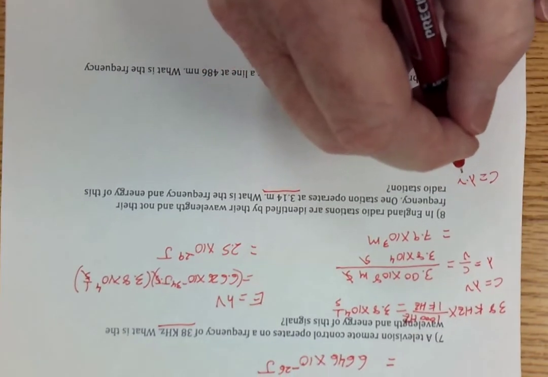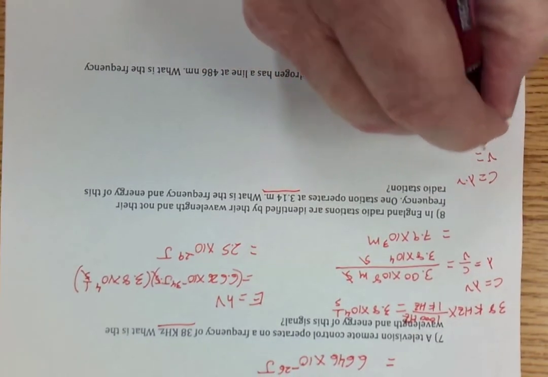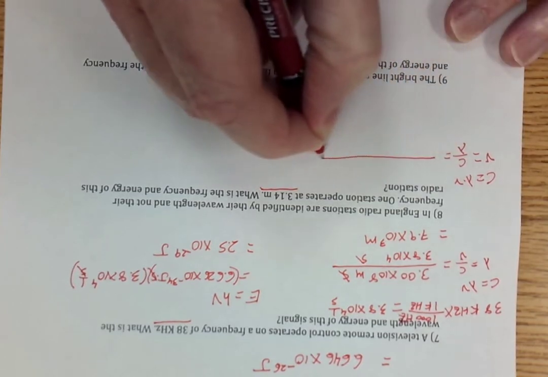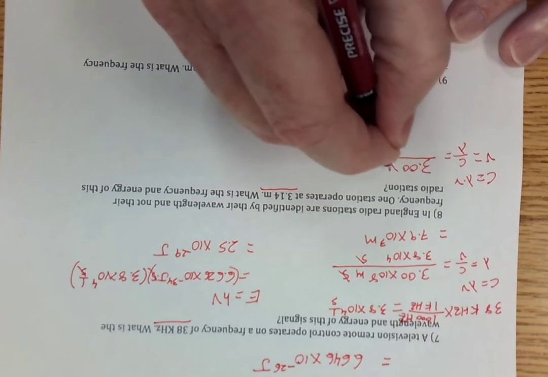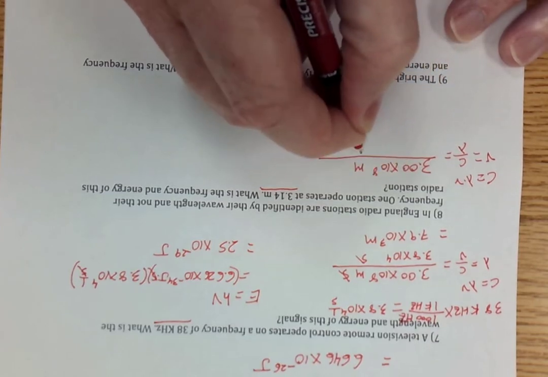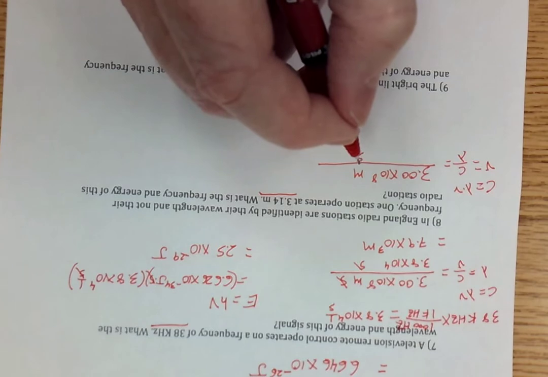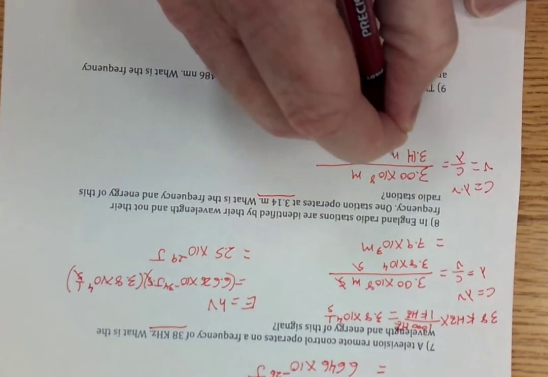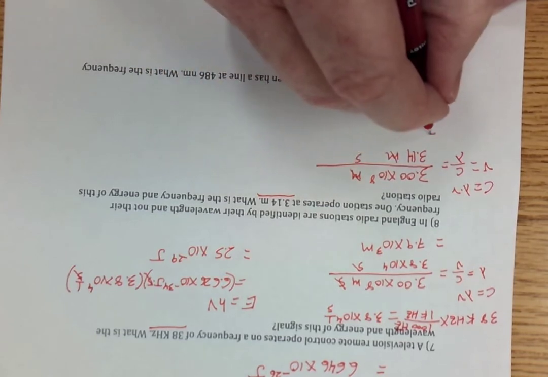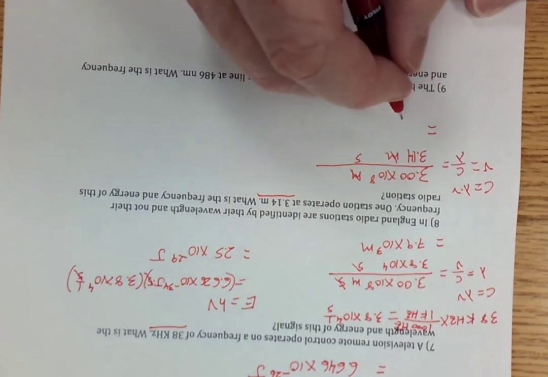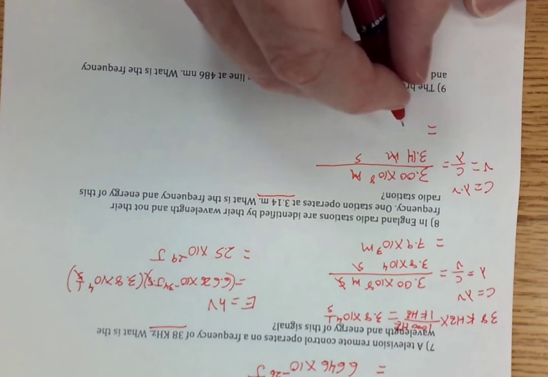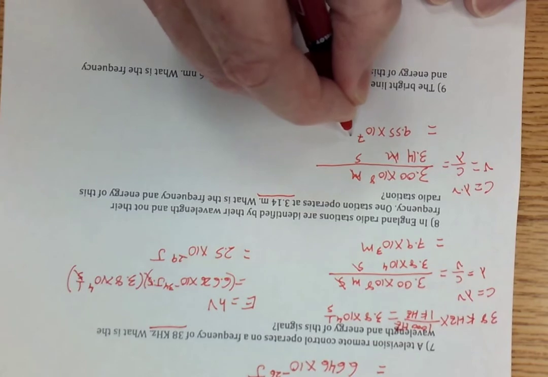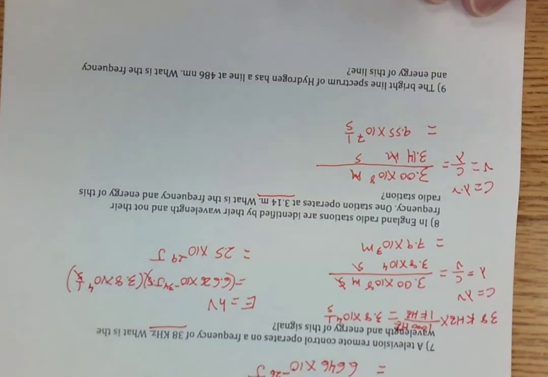This time we happen to know lambda, so nu equals c over lambda, 3.00 times 10 to the 8th meters per second divided by 3.14 meters. Meters cancel, and this comes out to be 9.55 times 10 to the 7th, 1 over seconds.